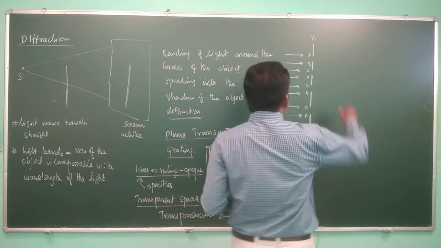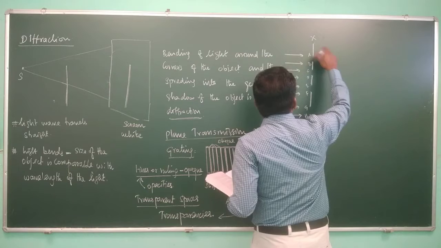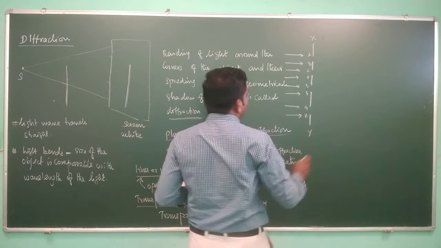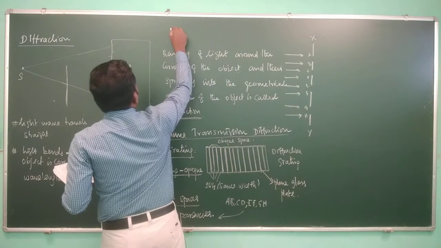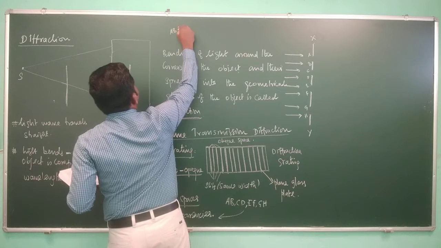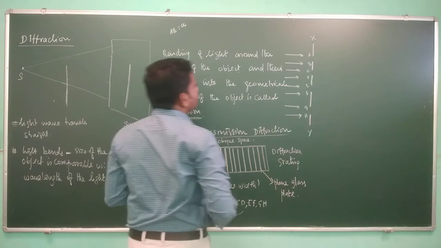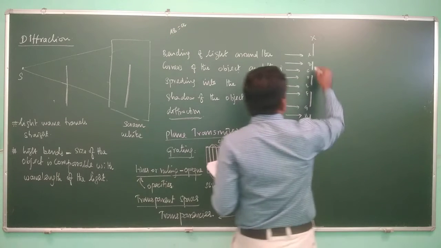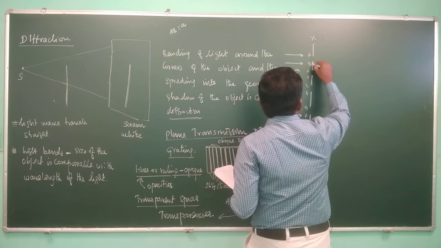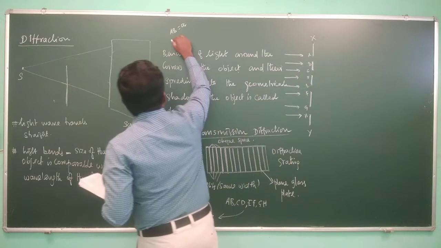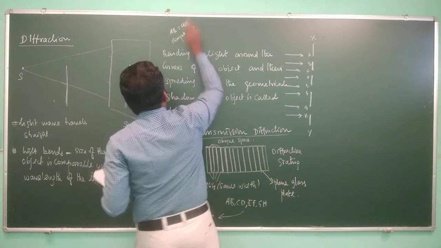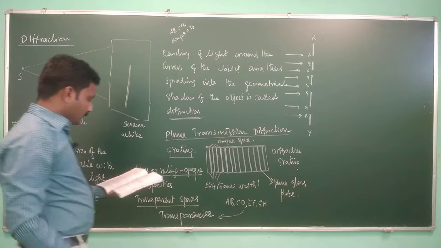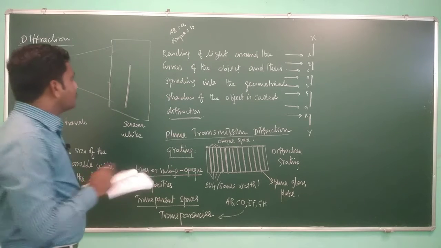Now, the width of this slit, AB, is equal to a. And the width of the opaque portion is b.